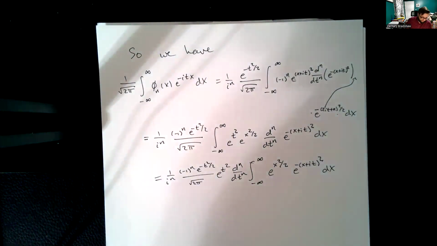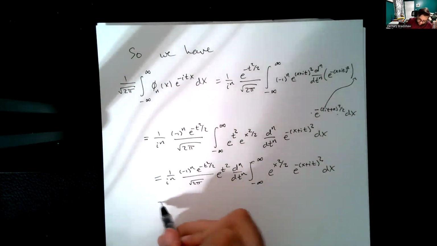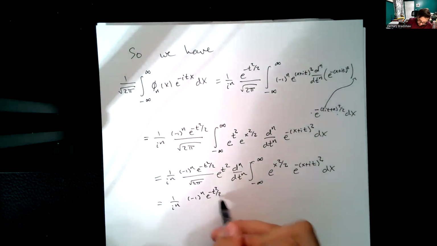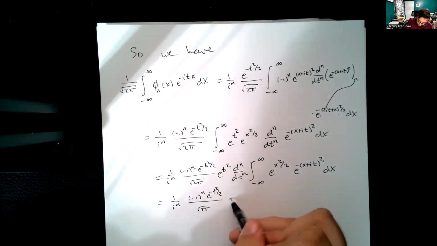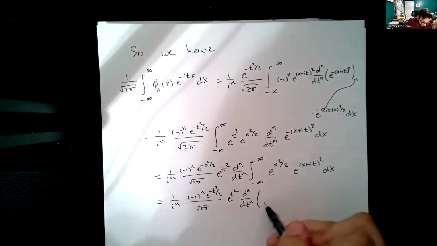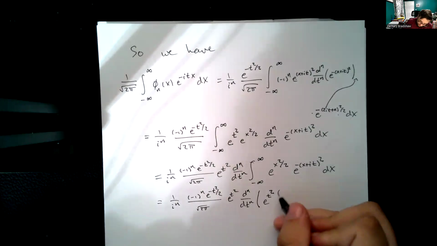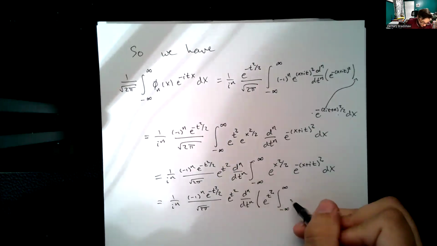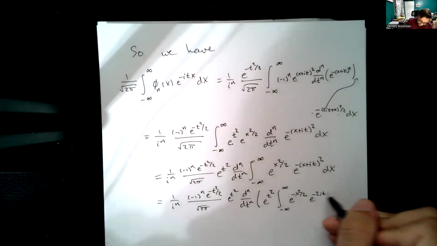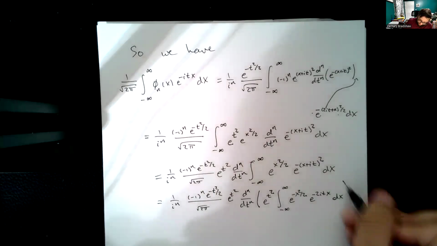Okay. And now I want to expand this guy out. And what I'll find is that this is the nth derivative of e to the t squared times the integral from minus infinity to infinity, e to the minus x squared over 2, e to the minus 2itx dx.